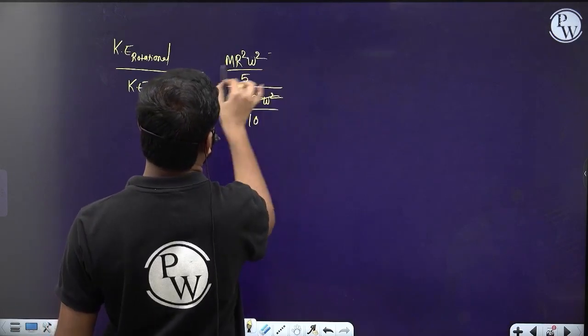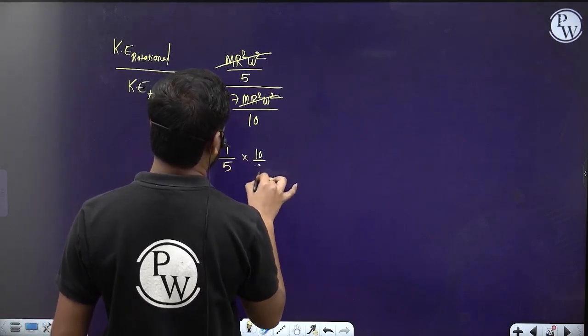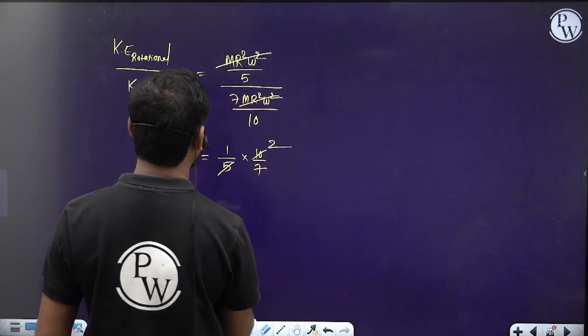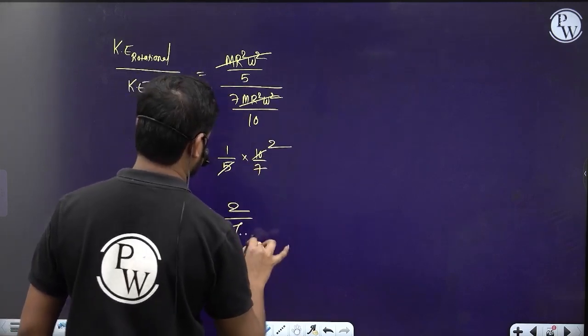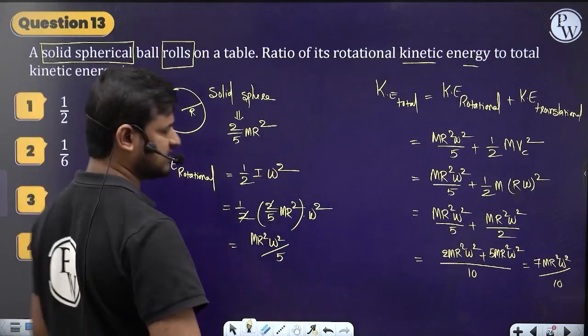So mr square omega square cancels, 1 by 5 into 10 by 7, which is 2 by 7. So option 4 is the correct answer.